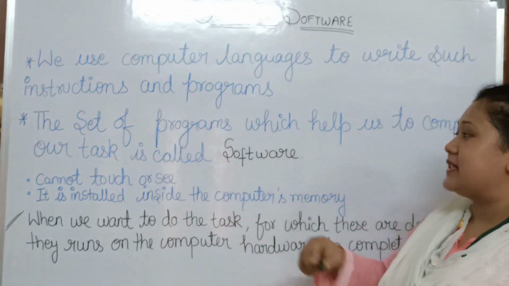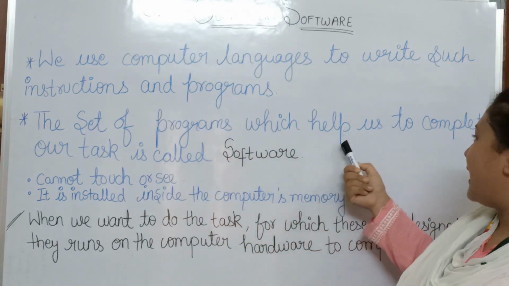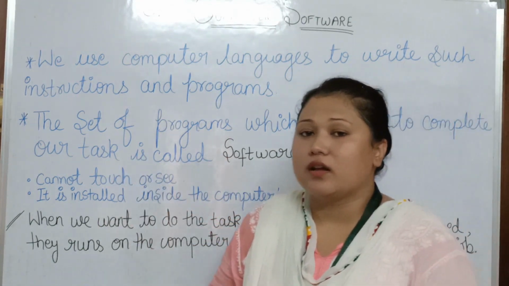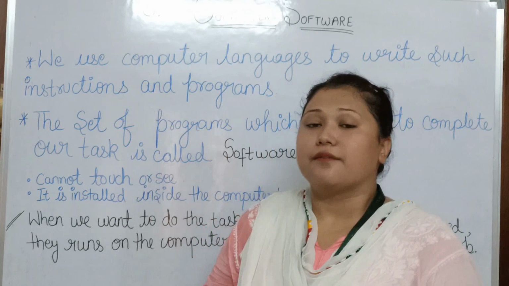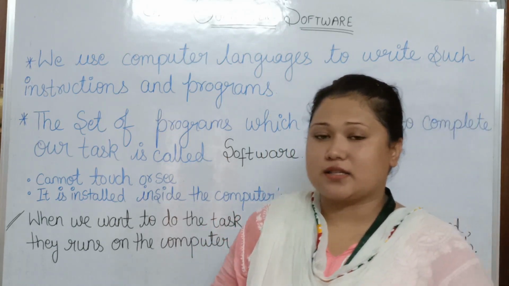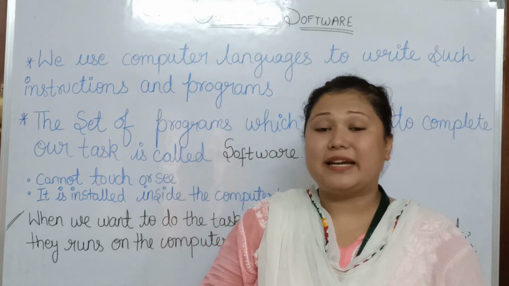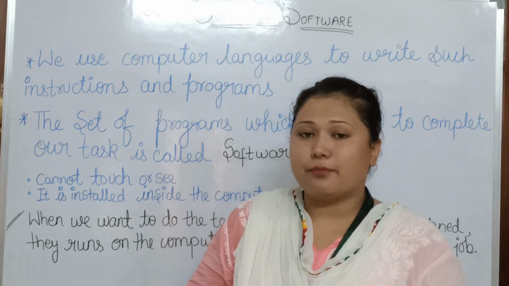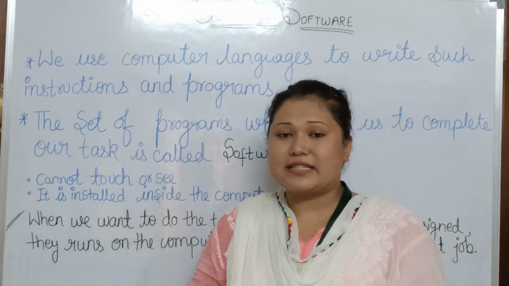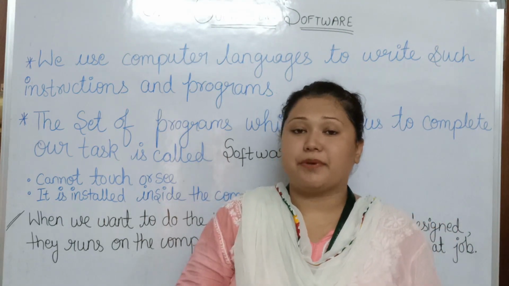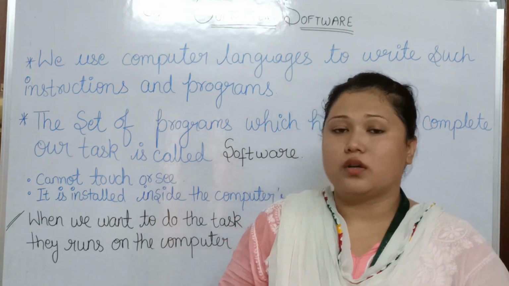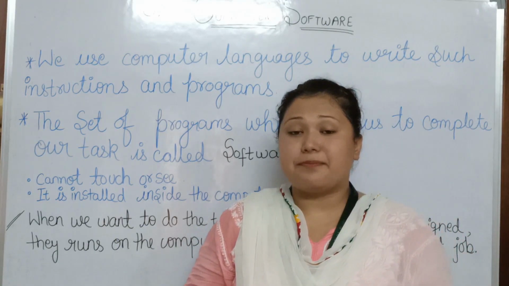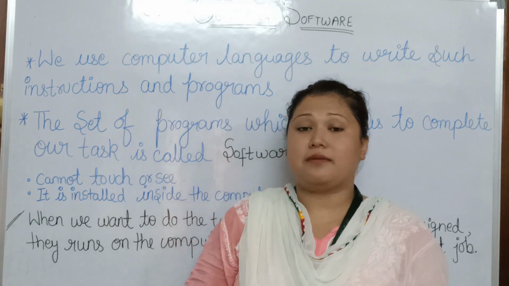Next, the set of programs which help us to complete our task is called software. Like if we want to solve a mathematical problem, that problem is solved in the CPU. As we all know, the CPU is the brain of the computer, and it consists of three main parts.